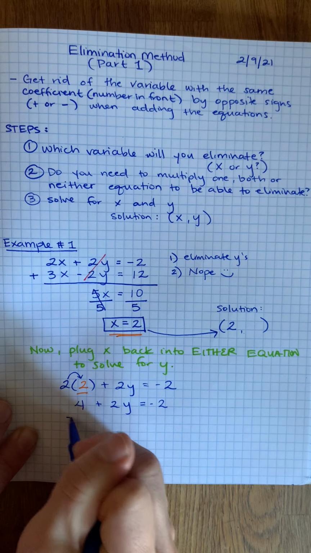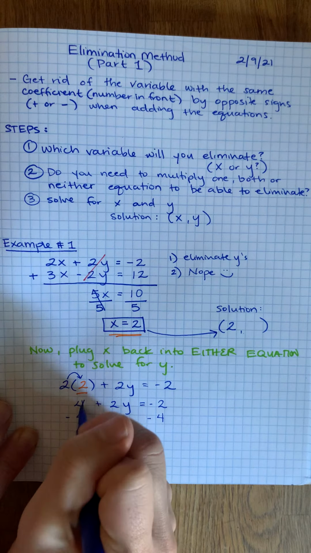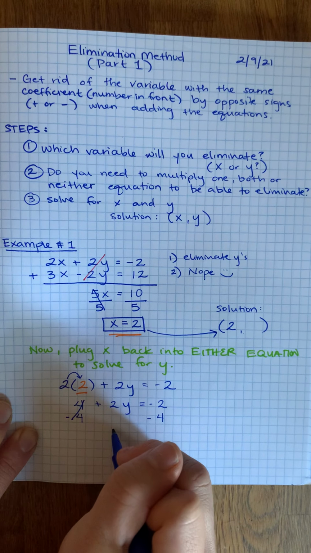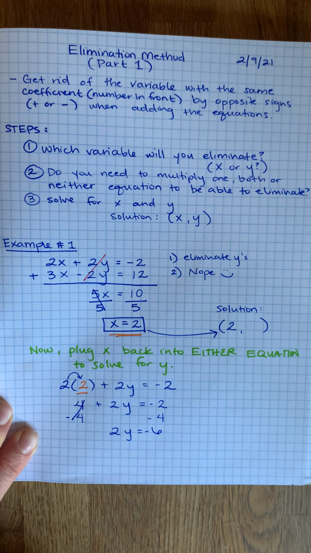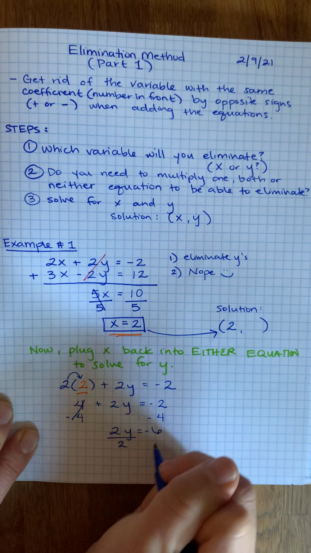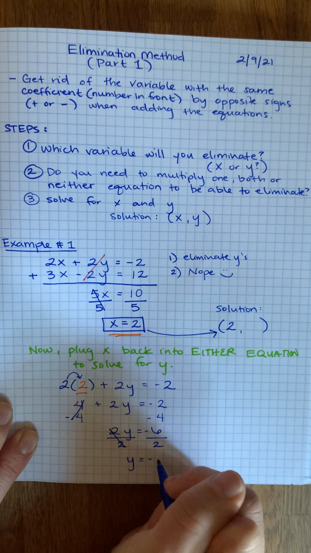I'm going to subtract 4 on both sides so that I can get closer to isolating that y. The 4's cancel out, and I have 2y equals negative 6. Divide both sides by 2. Y equals negative 3.